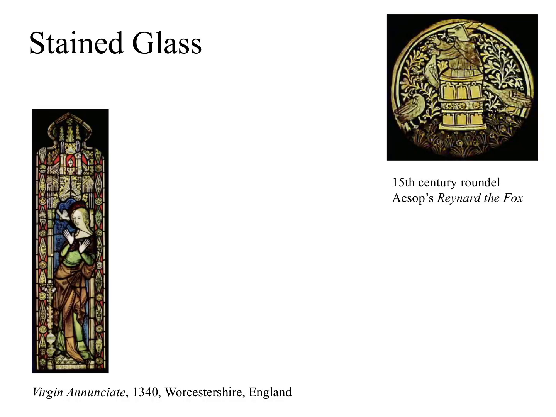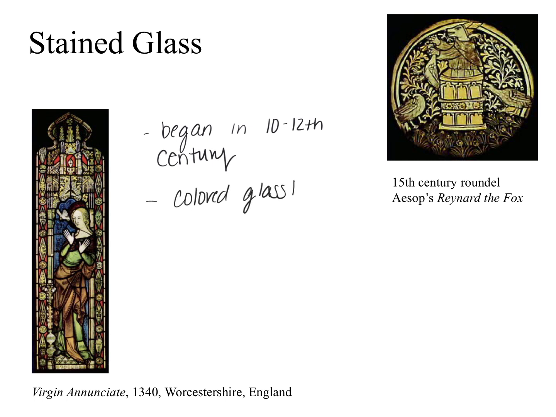Now, other examples of glass that you may see today are things like stained glass, right? That began in the 10th to 12th century. It's colored glass, held together with lead strips.